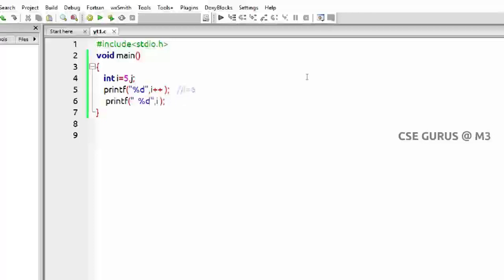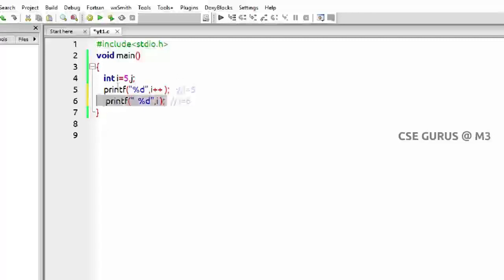So on the fifth line, the I value is 5. So the 5 value will be taken, afterwards incremented for the next line. So on the fifth line the value is 5, when it comes out of the fifth line the value is 6. That's why here the I value will be printed as 5, and here the value will be printed as 6. Right? So like this it works with increment and decrement operators.